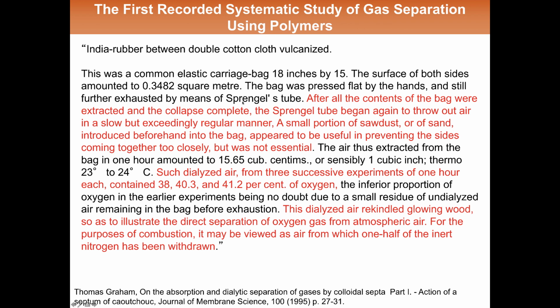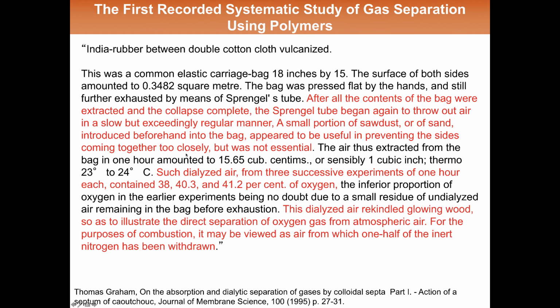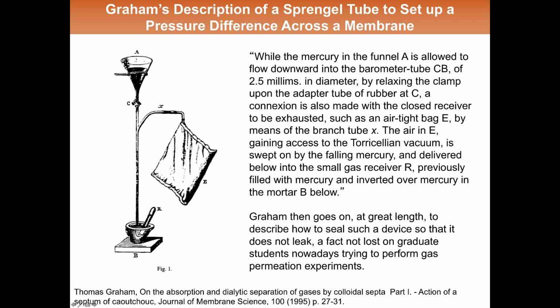But what he found was that after he had taken all of the air out of this bag by circulating mercury through the Sprengel tube, the bag would again start to permeate air in a slow but exceedingly regular manner. That is, you remove all the air, and then there's more air that can be removed.